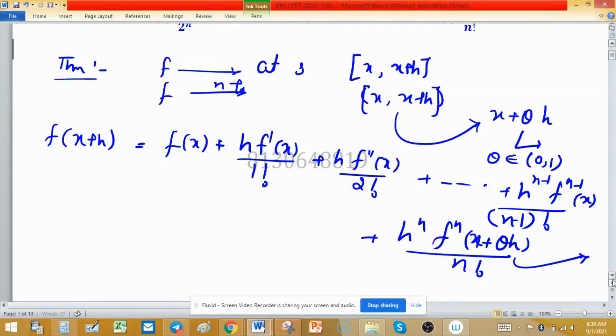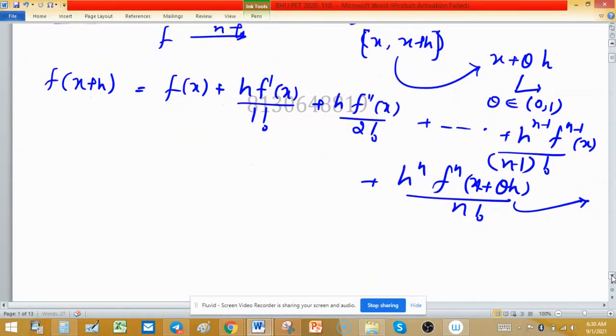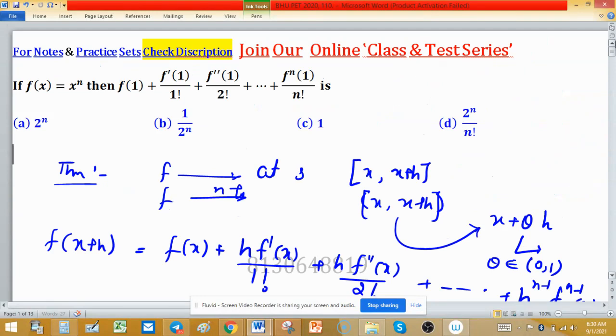Sometimes this term is known as the remainder term, because with Taylor's theorem we write a function in a polynomial structure. So focus on the question.